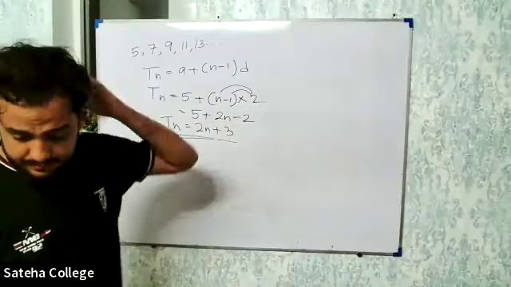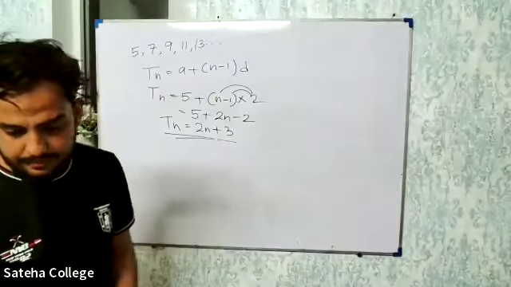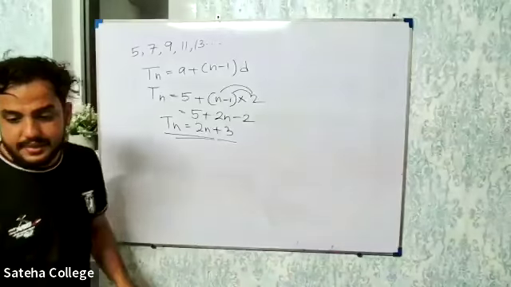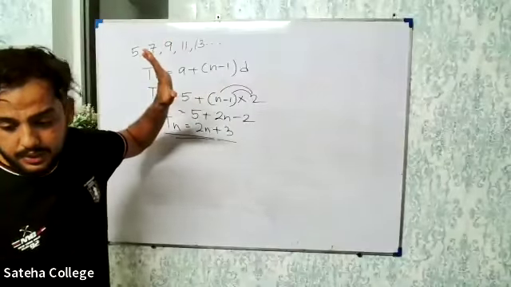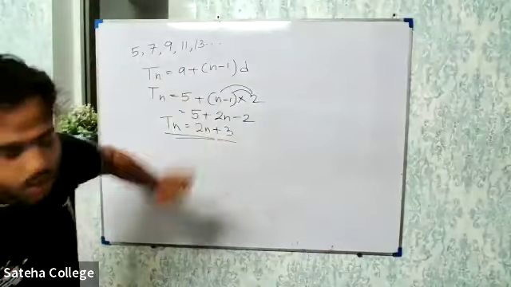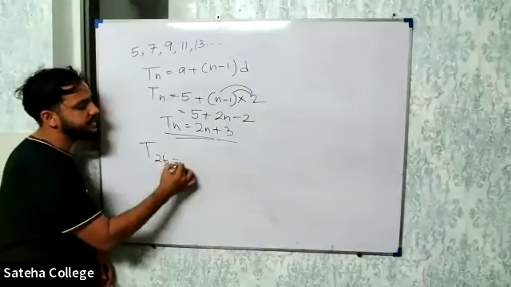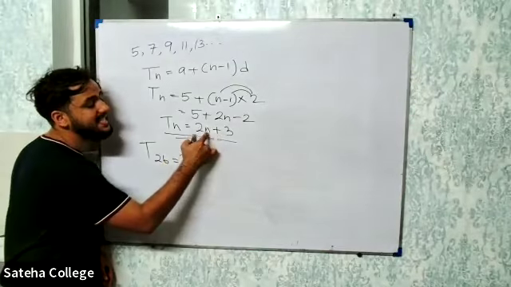Did everyone understand that? Yes? Did you get the idea? Yes, sir. Right, great. So now, after you get an equation specific for this arithmetic progression, they are telling you to find the value of the 26th term, right? So T26 is equal to, now we can use this equation here, 2 into 26th term.